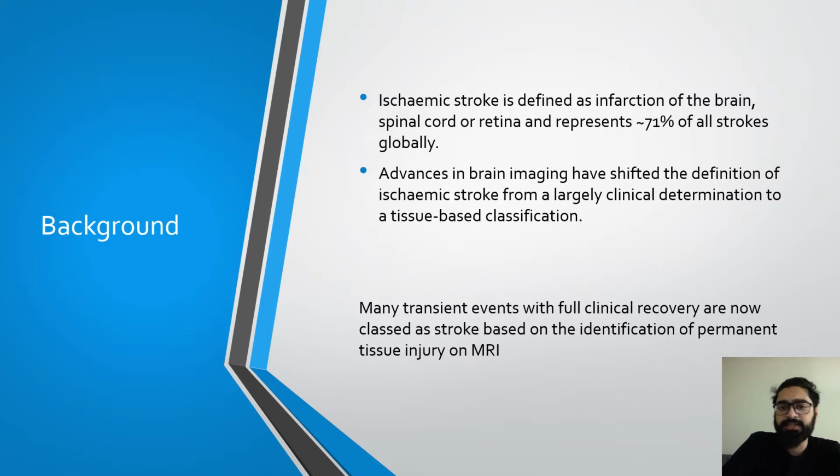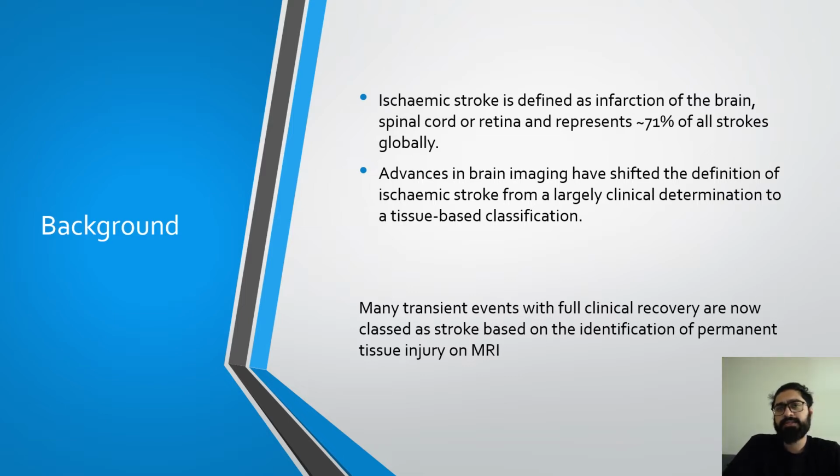a tissue-based classification. In the past, as most of us would be aware, a transient ischemic attack and ischemic stroke were classified based on the 24-hour criteria, where 24 hours from the onset of stroke symptoms to complete resolution was considered a transient ischemic attack.